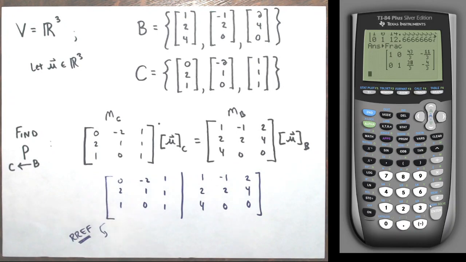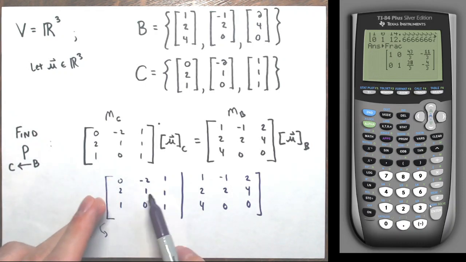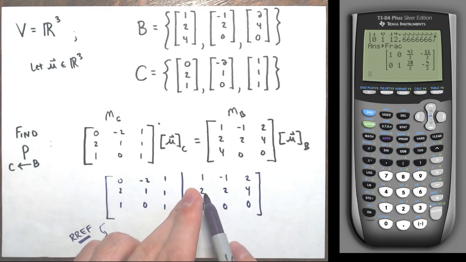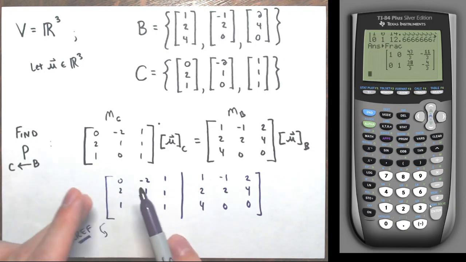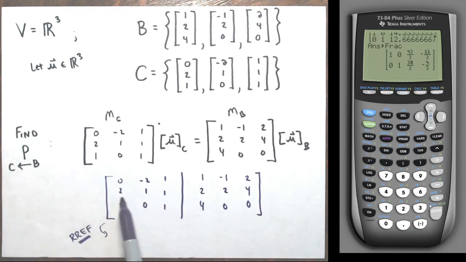That'll be equivalent, I'll have the identity matrix over here, so it'll be like I multiplied this matrix by the inverse on both sides, multiplying this by the inverse of this matrix on the left, and this by the inverse of that matrix on the left as well.